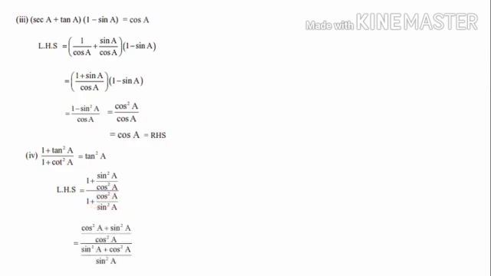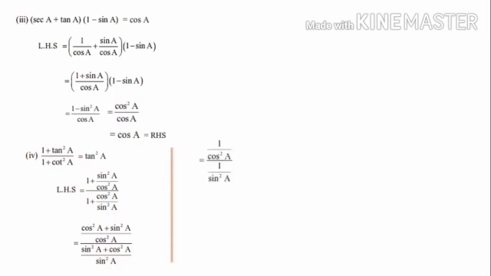Let's take the LCM. In the numerator, it comes as cos square a into 1, that is cos square a plus sin square a, divided by cos square a. And in the denominator, sin square a we can take as the common LCM. Then sin square a into 1 is sin square a plus cos square a. We know that cos square a plus sin square a is 1. So the numerator also has this term and the denominator also has this term.